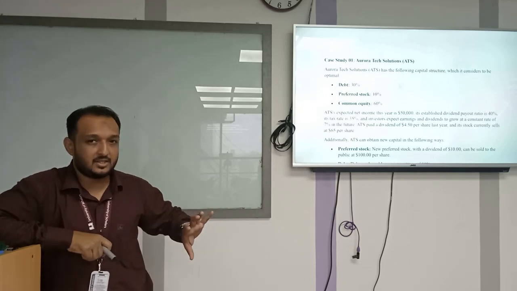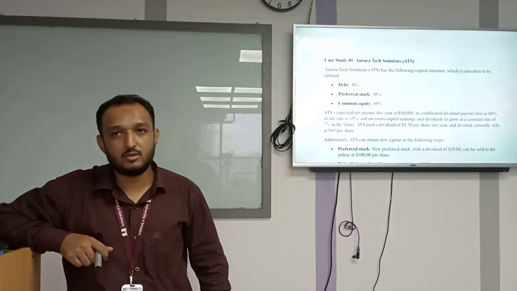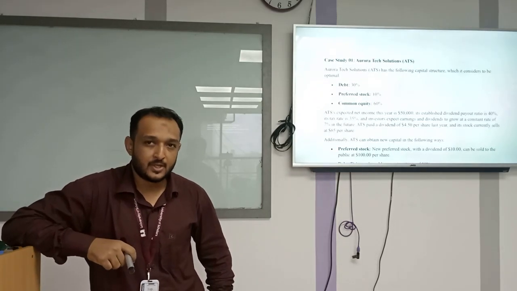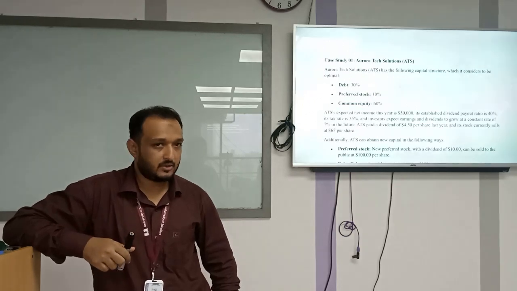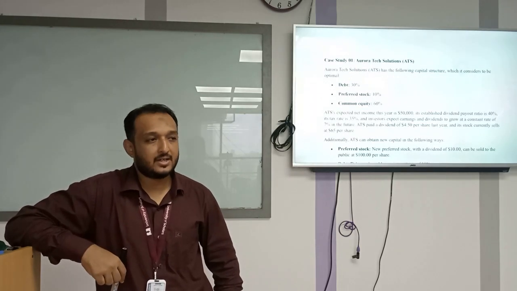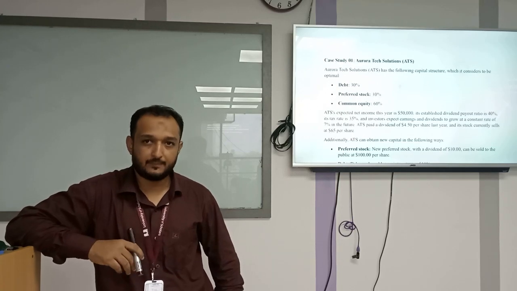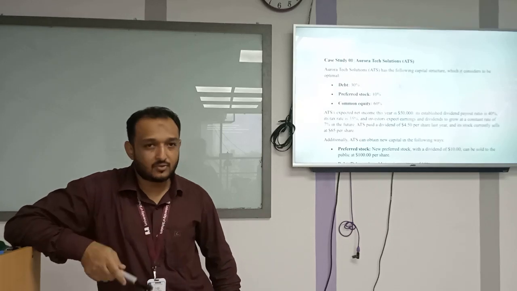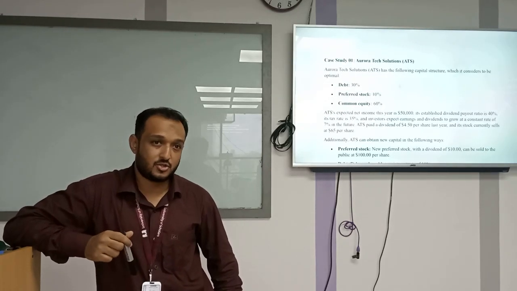Capital has three types of components: preferred stock, bond, and common stock equity. Common stock we raise through the IPO, the fresh and new issue, and another way is to capture it from the retained earnings. These three components have some cost, and that is the cost of capital.